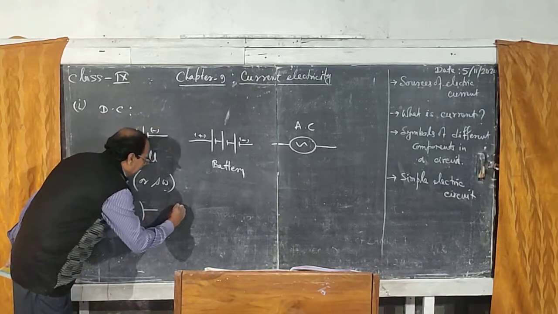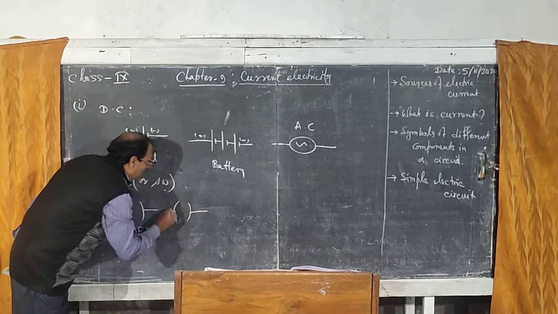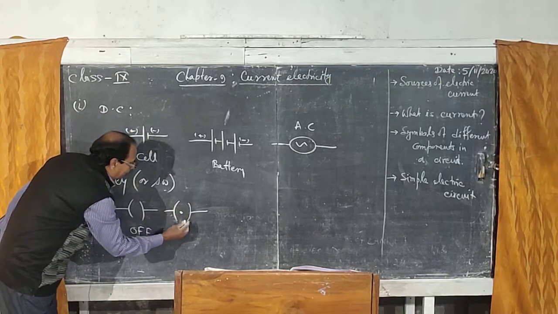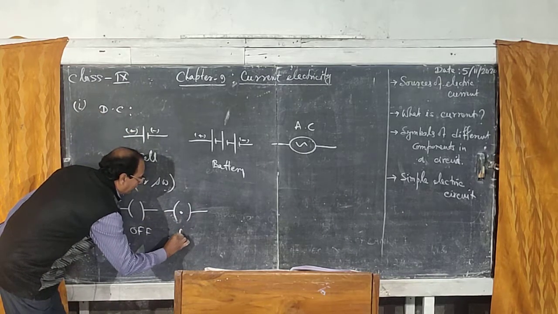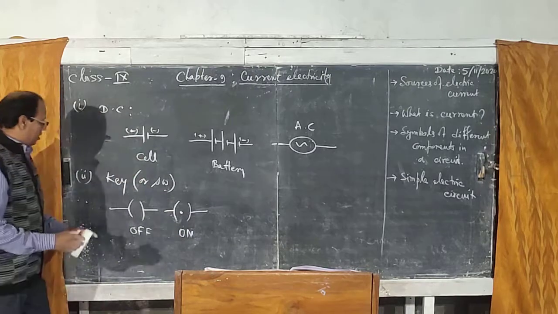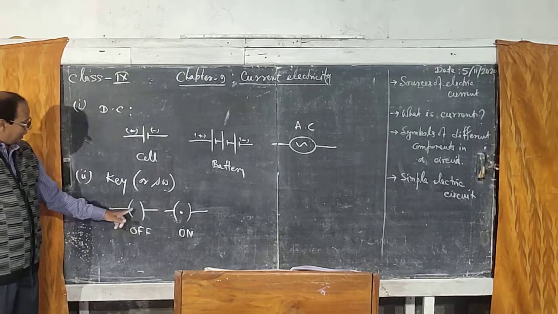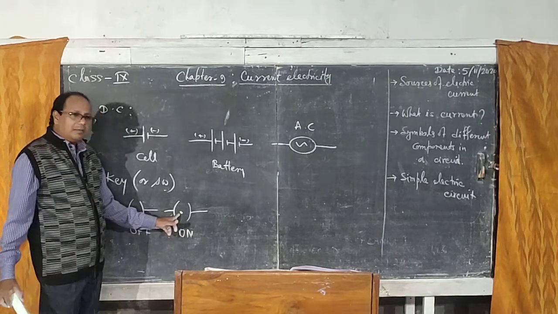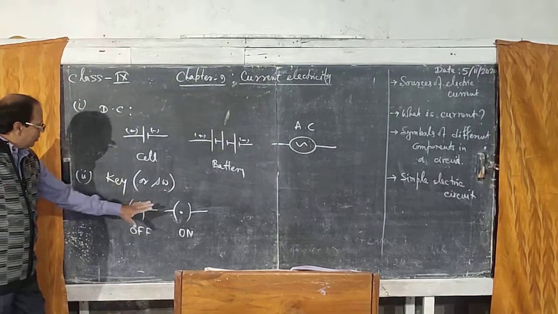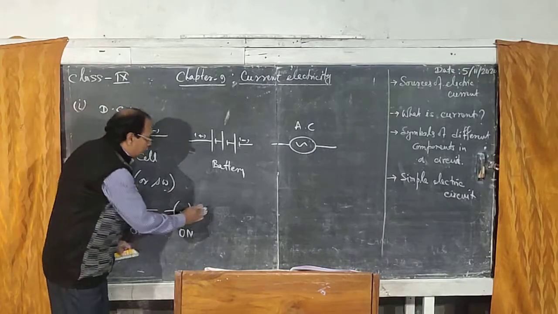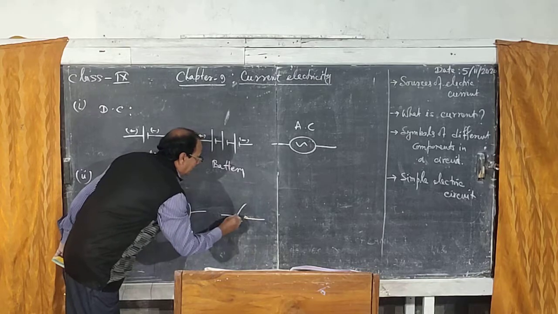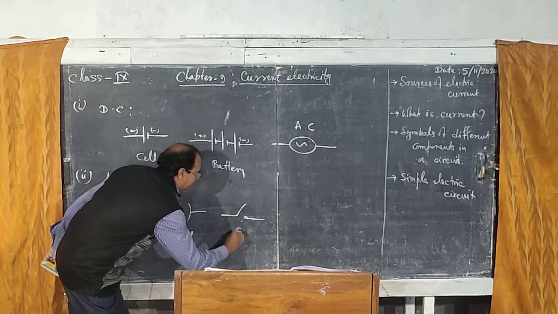When the key is in the on position, we put this plug. This is the symbol of the plug, and that is for the on position. So when it is off there is no plug, and when it is on there will be a plug. This is what we normally use for a key, and for a switch this is the symbol.